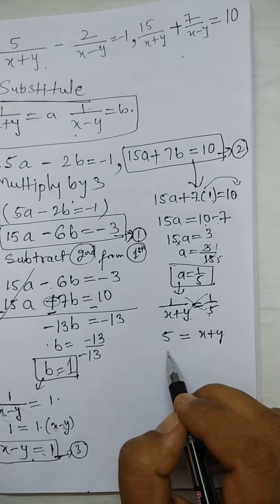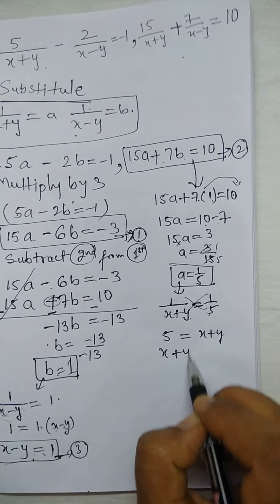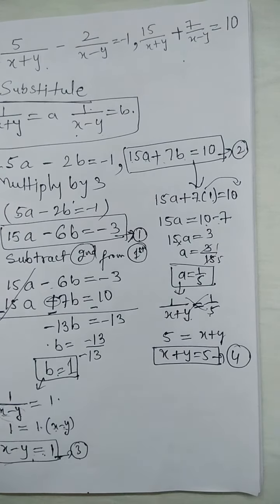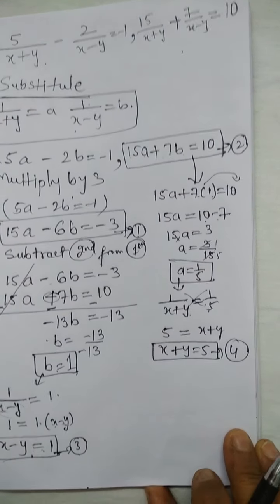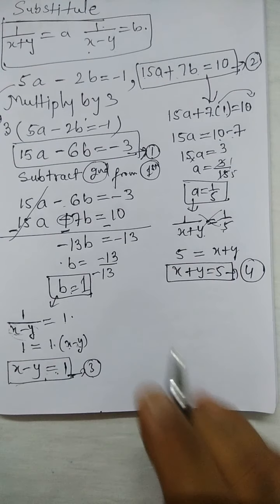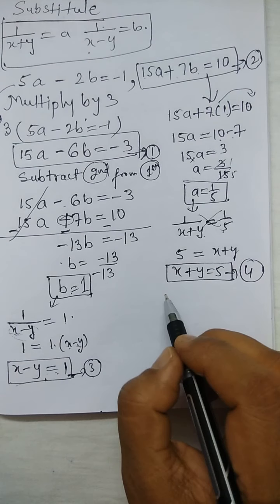You can interchange the LHS and RHS. So we got this fourth equation. Again solve them by elimination method. See, we got two linear equations again, so solve them by elimination method to get x and y.